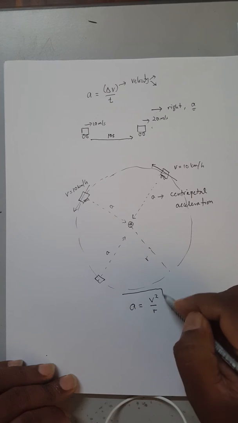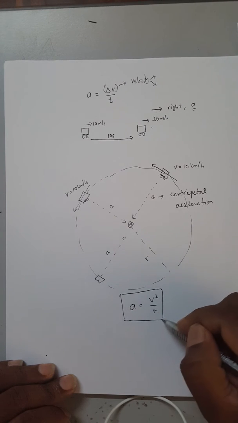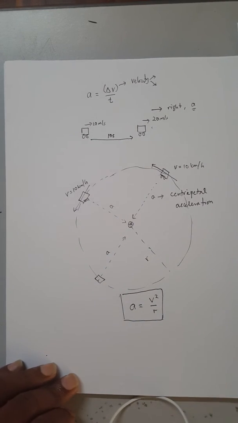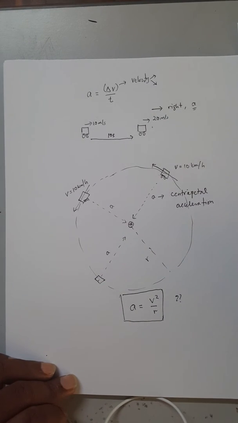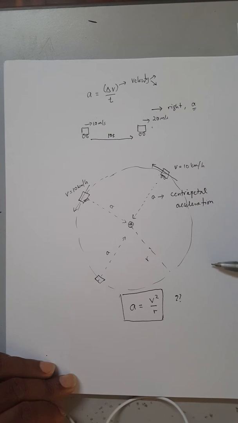This is the formula that we're going to use. If you want to know how we get this formula, you need to refer to your physics module, where we have derived the formula for you. Please go through it, and if you have any problem, we will discuss further in the next lesson.